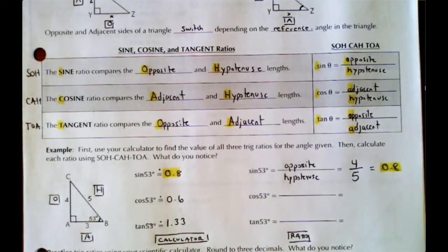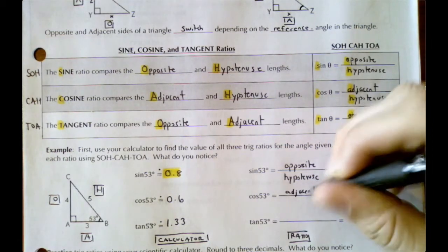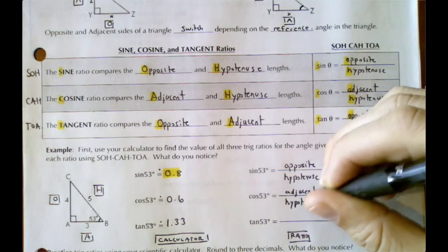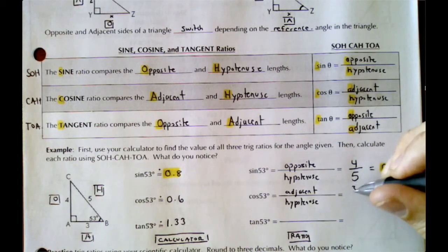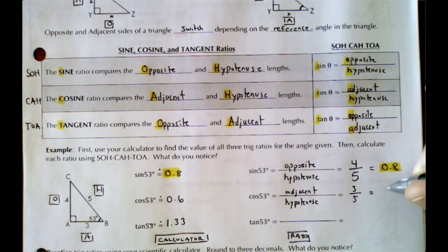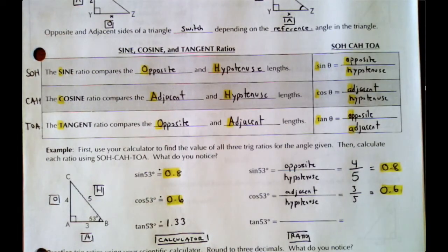Let's finish. Cos 53, well, cosine ratio is adjacent over hypotenuse. The adjacent side is 3, the hypotenuse side is 5. We get 3 over 5, which is 0.6. So again, we have 0.6 and 0.6. I think you might see where this is going.